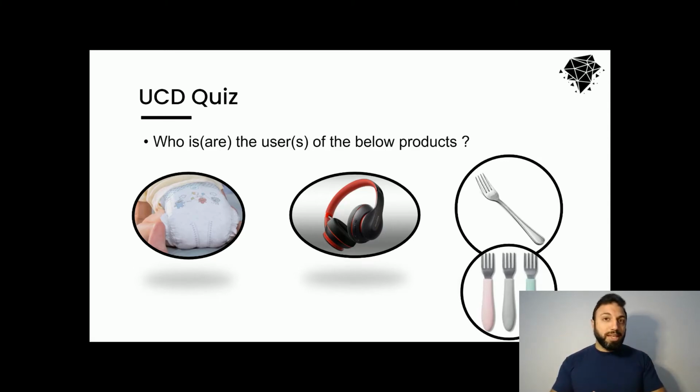For the headphones example, the user is the person who puts the headset on, but you could also think about who the indirect users of that product are. It could be the people around him or her.